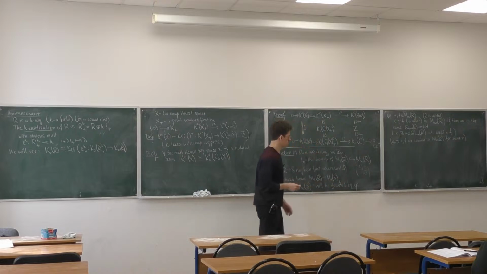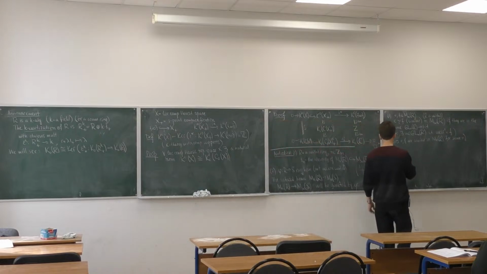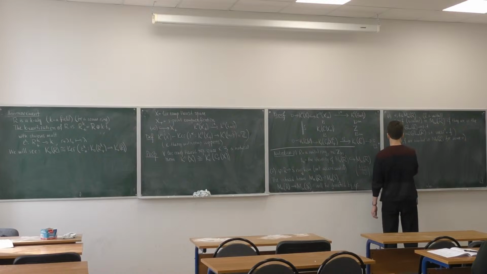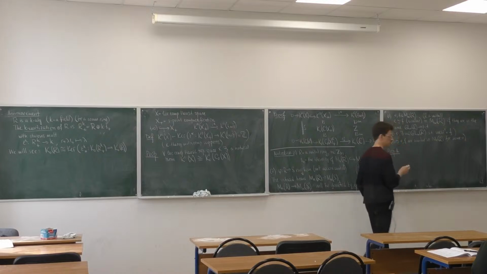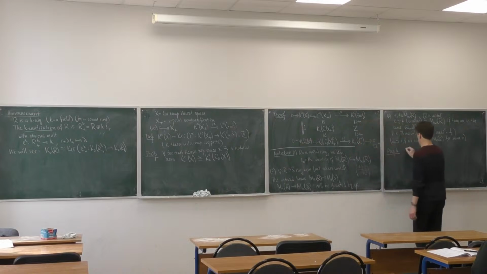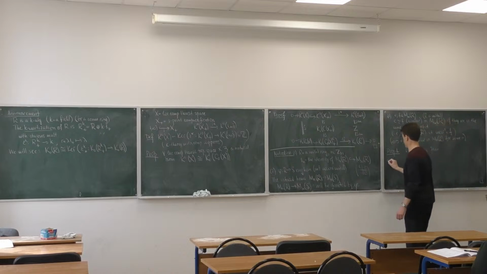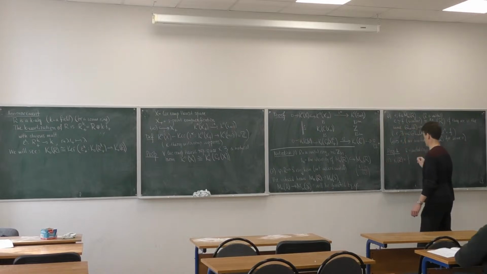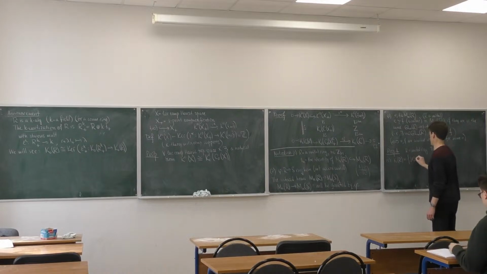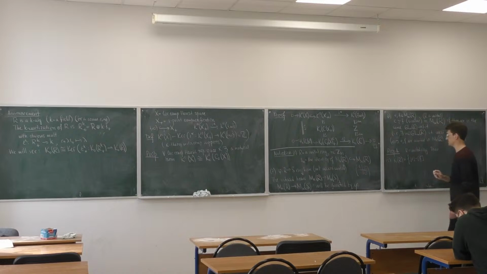Okay, now let's look at a description of K0 in terms of idempotents. We start with the unital case, which is quite straightforward. Proposition 1. Suppose that R is a unital ring. Then, first of all, K0 of R consists of all elements of the following form, E minus F. So we take two idempotents, E and F, we consider their classes in K0 of R, so K0 of R consists of all differences of such classes.